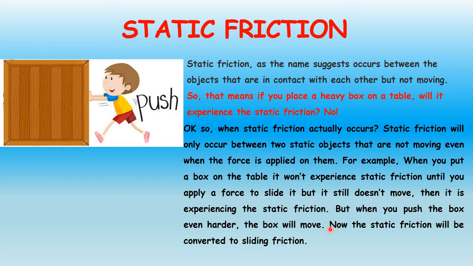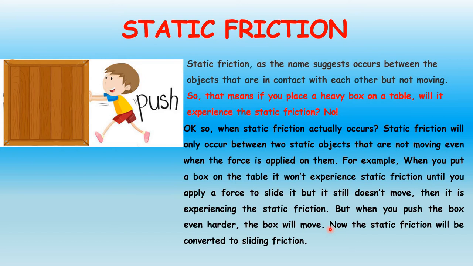So what do you do? You can't do it alone. You call your sister also. She is also coming to help you out. So together you push the table. Then again you find that you are unable to shift the table. You are applying a force, but still the table is not moving.